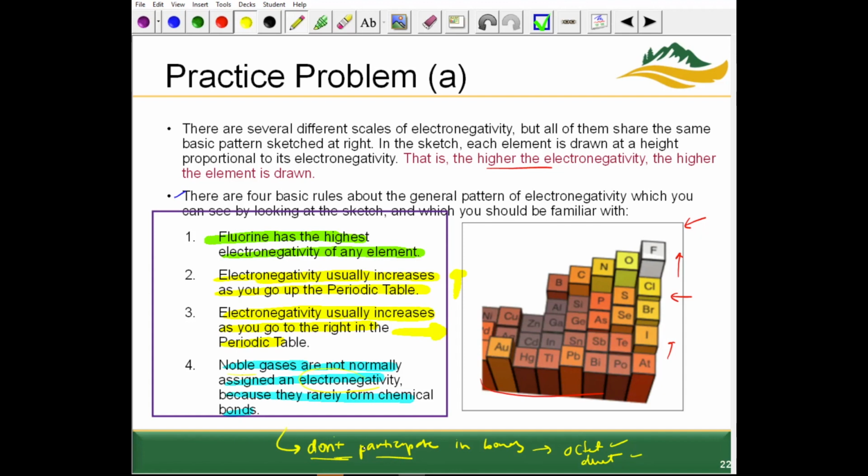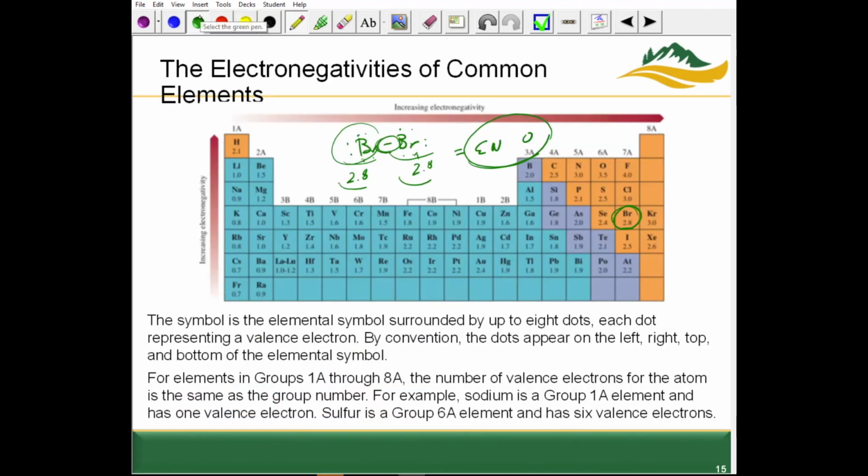Electronegativity values help us think about the electron density shared within a bond. But if noble gases don't generally participate in bonds, that's why they don't usually get a value for their electronegativity. So like we see here, fluorine has 4.0, but we don't even have assigned values for these noble gases. We can assign electronegativity values for these two noble gases, but again, generally these don't like to participate in bonds.